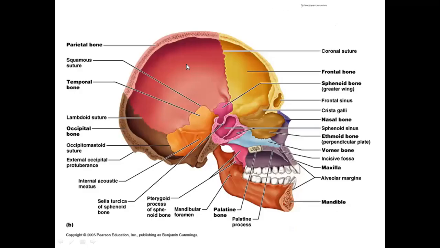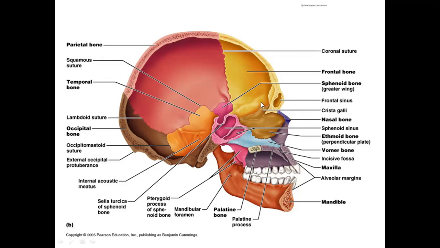So this is a section of the skull bone, like a sagittal section. You are finding the inside view of the skull bone. Inside the frontal bone there is one empty space, you call it the frontal air sinus. Sphenoid bone also will have an empty space, you call it the sphenoidal air sinus. The other colors you see are the inside view of the mandible bone and the inside view of the maxilla bone.